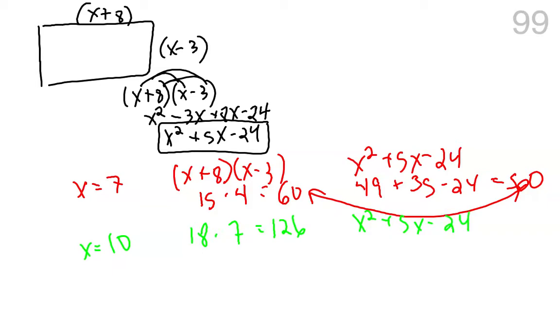If I plug in 10, what's 10 squared? 100. What's 5 times 10? 50. And minus 24. So 100 plus 50 is 150, minus 24 is 126. Notice that they work out the same. That's all they wanted you to do. Now that you've seen what they wanted you to do, is it really difficult? Yeah, I don't think it is.